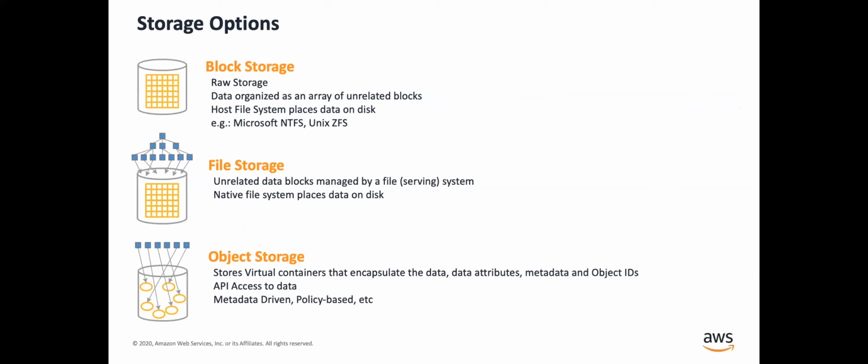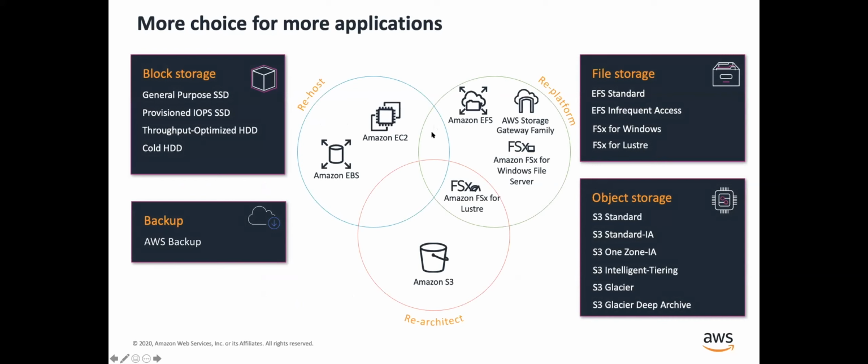For storage, there are 3 types of storage called block, file, and object. I'll just use the next slide to let you know that there are different options to use storage. If you deal with machine learning, you rely on data.